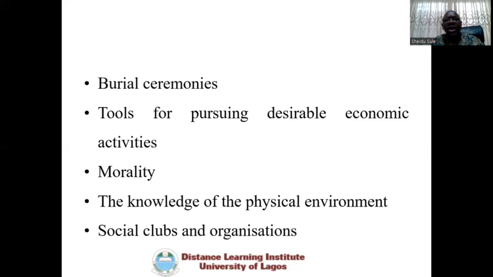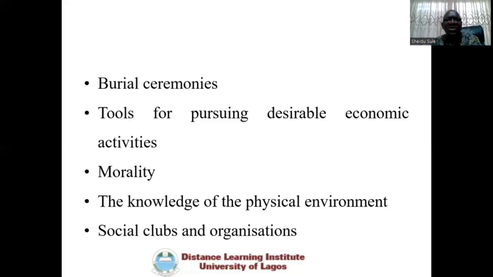All these were being done by our forefathers, the natives. They all form part of the contents of ATE. Morality, what is good and what is bad, you are being taught as a child. The knowledge of the physical environment, when the sun is likely to rise, when the sun is likely to set, when rain is likely to fall, all these are things that the younger ones are being taught by the elders.